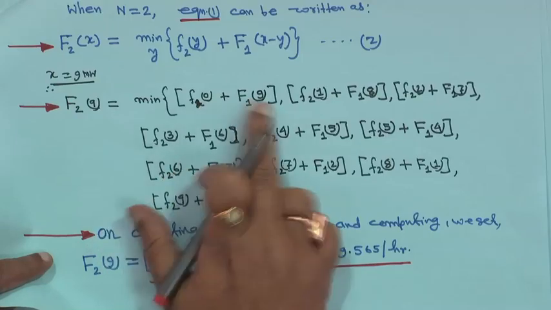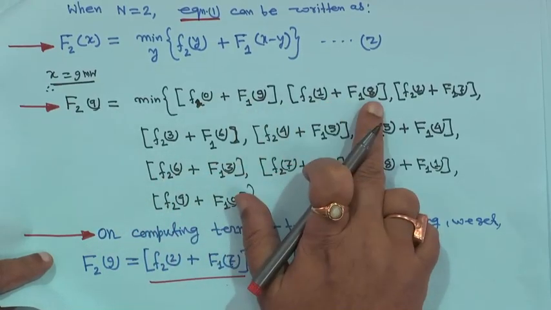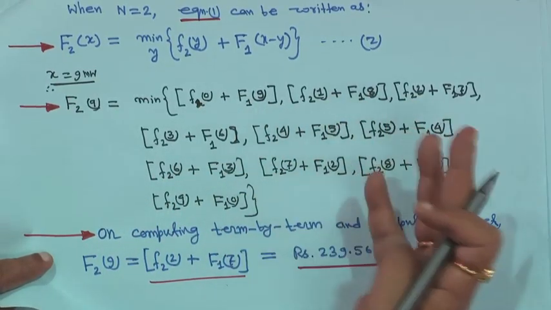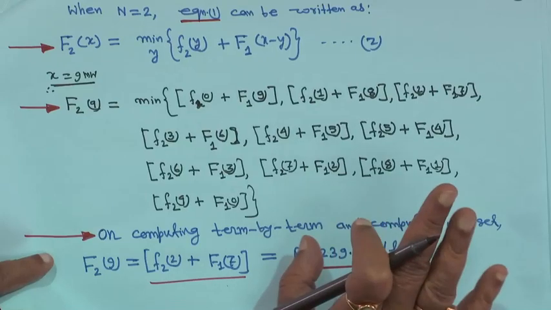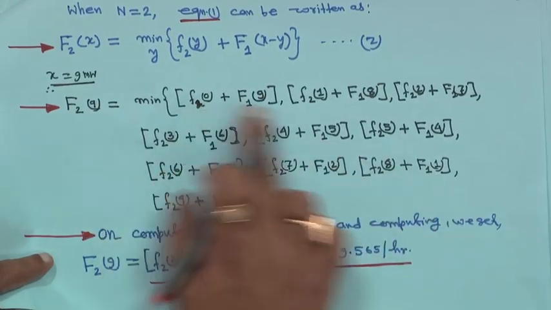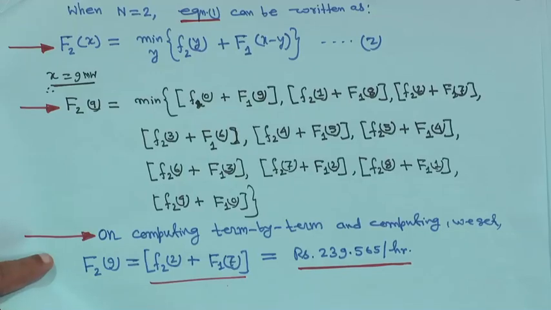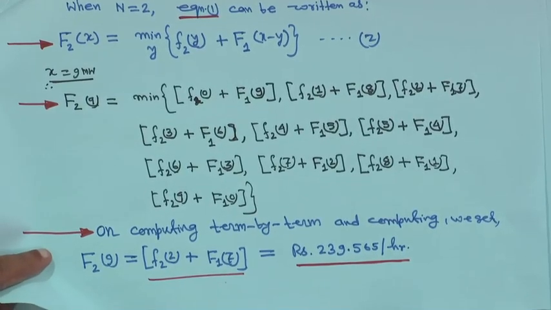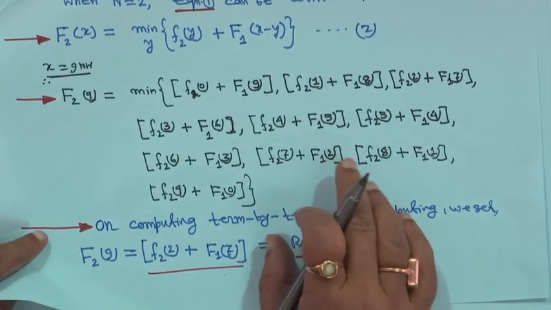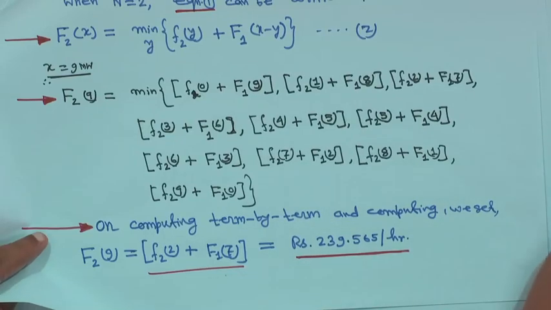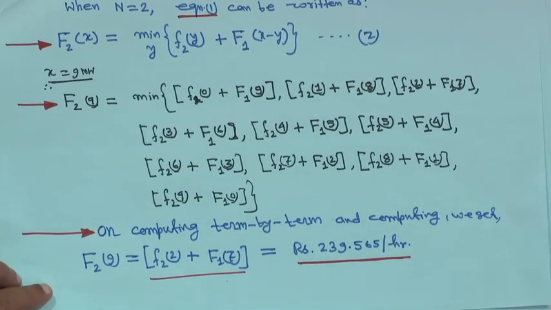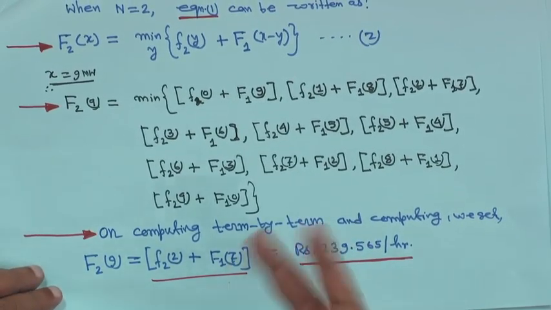In that case it will be 0, 9, then 3, 6, then 6, 3, and 9, 0. So only 4 combinations, and you need 8 calculations, because here 1, 1, 2 each one. The result will be erroneous, but you have some feeling. That is a classroom exercise you can make, and at least you will know how to compute.